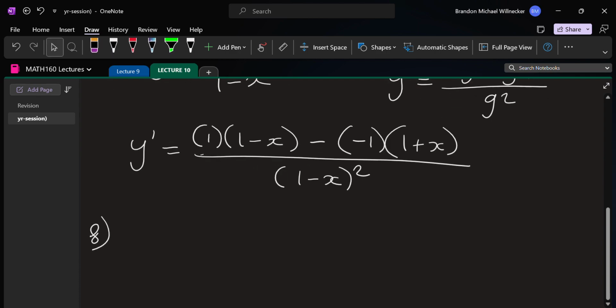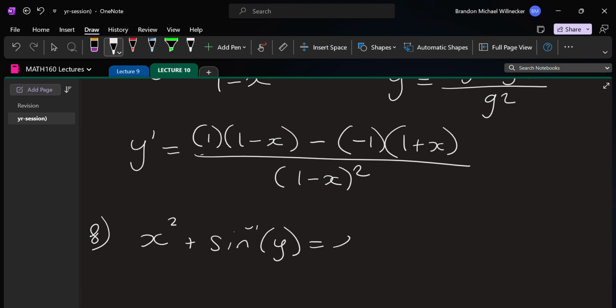Okay, number 8. Okay, so here we have x squared plus sine inverse of y is equal to e to the xy. Okay, so again, we want to find y prime. Notice how we have y inside the sine inverse, and we also have it in the exponential.